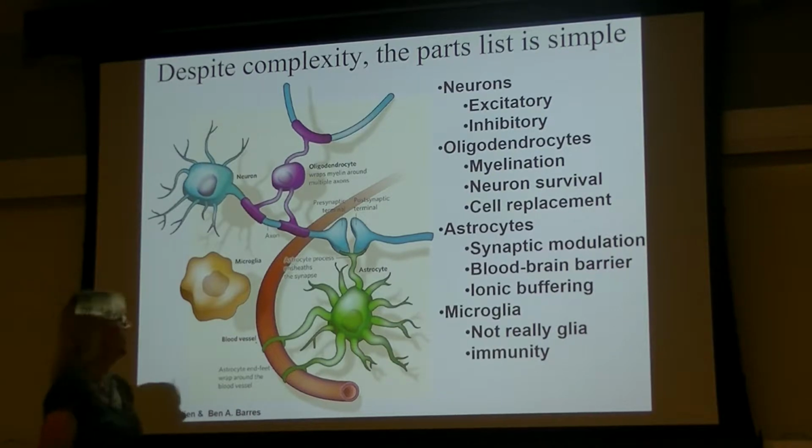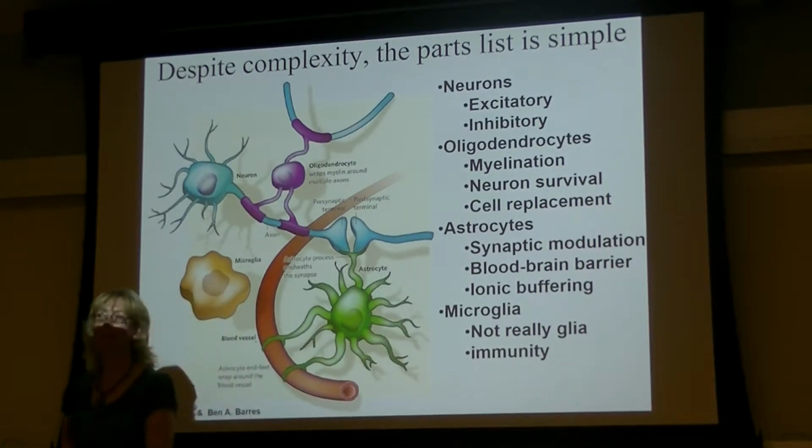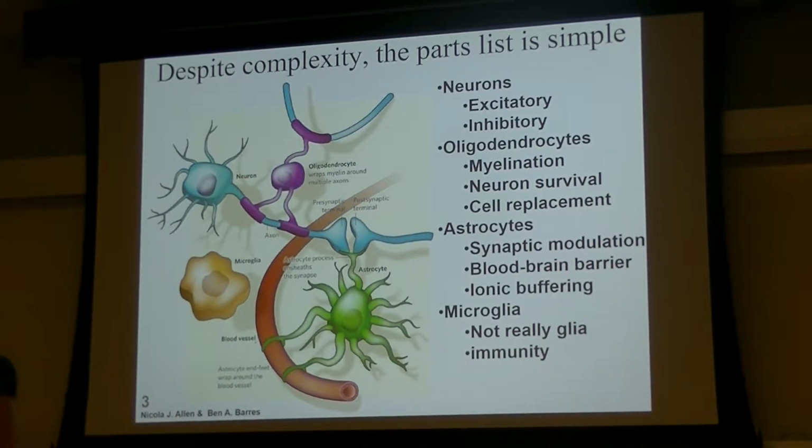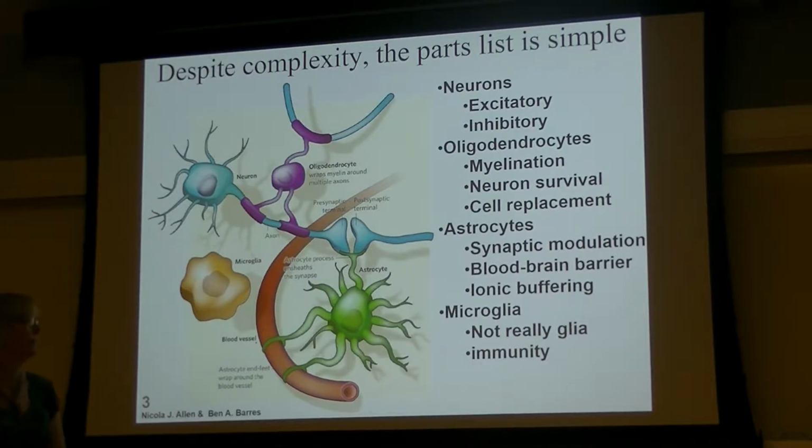And then there is a whole group of cells called microglia that we don't really know exactly what they do in the organism. They're not really glia, and there's some suggestion that they may have roles in immunity, but on the whole, there's still a lot to learn about this. So there are groups of cells here with different cell fates and different jobs to do in the construction of the brain and the spinal cord.